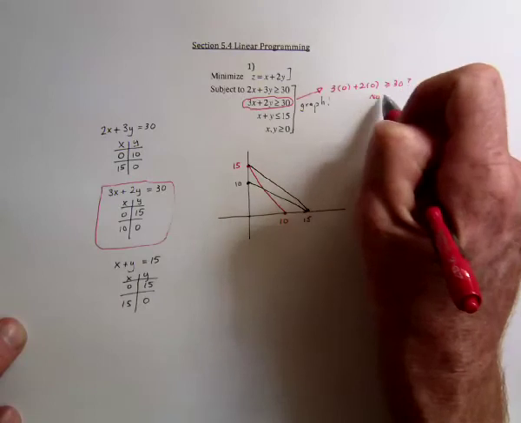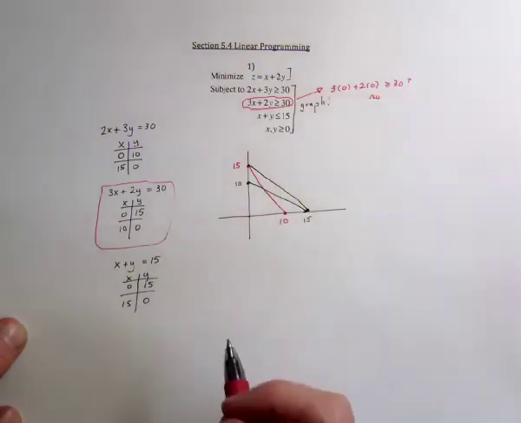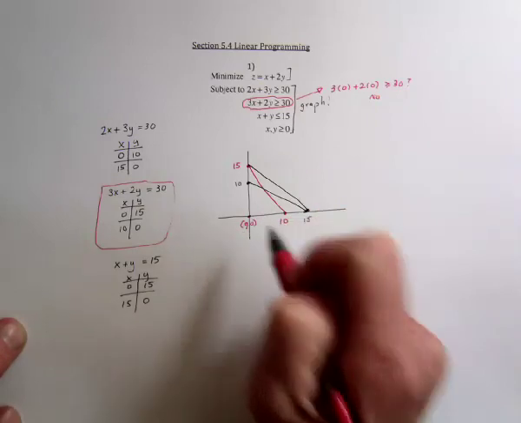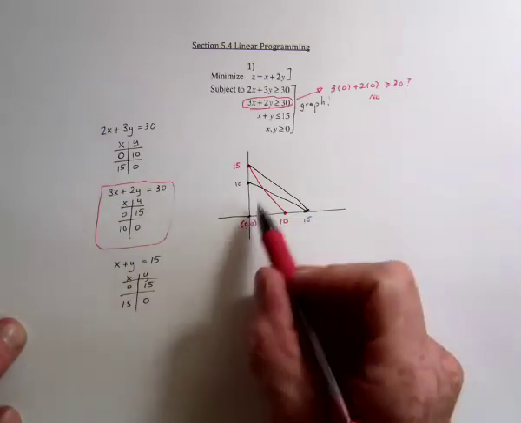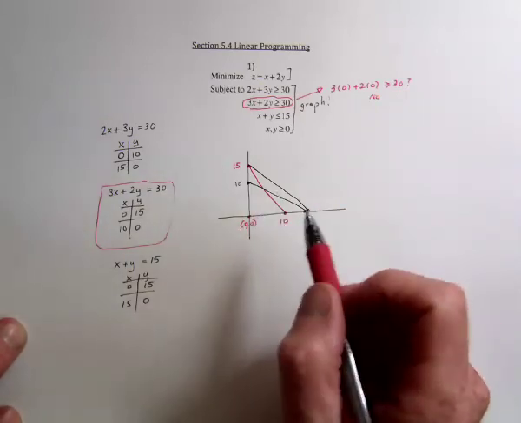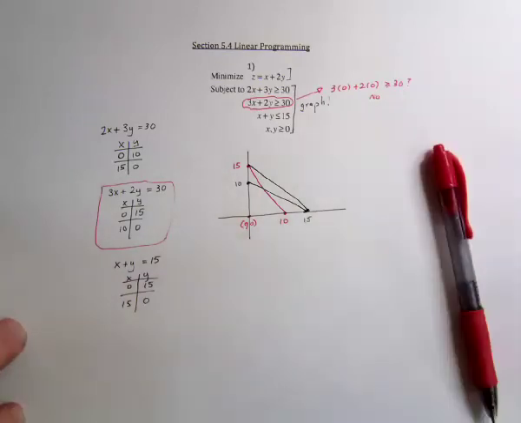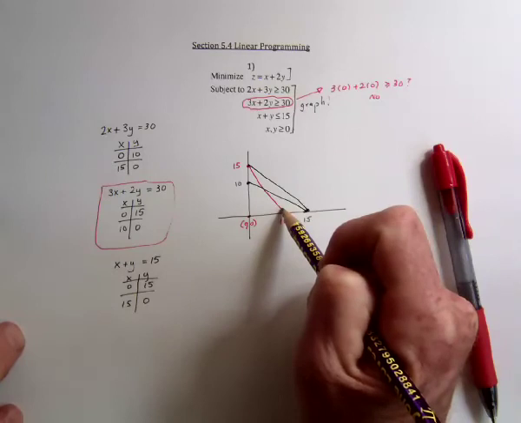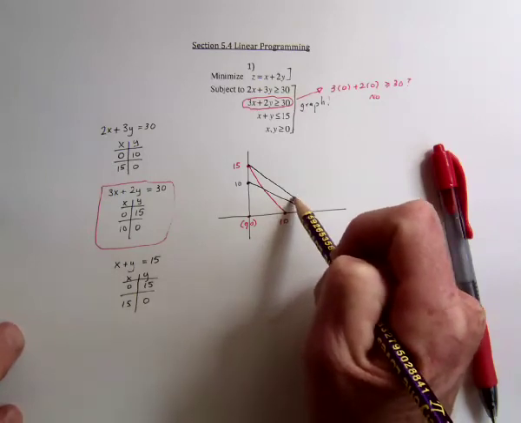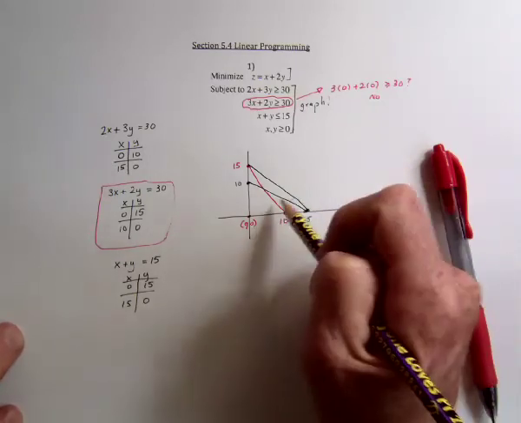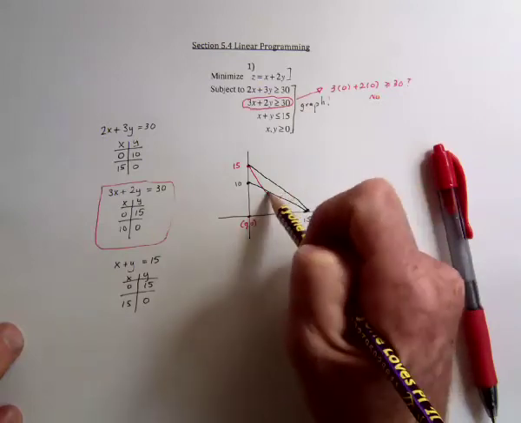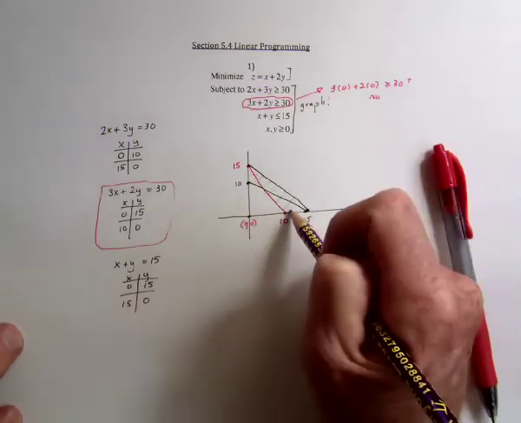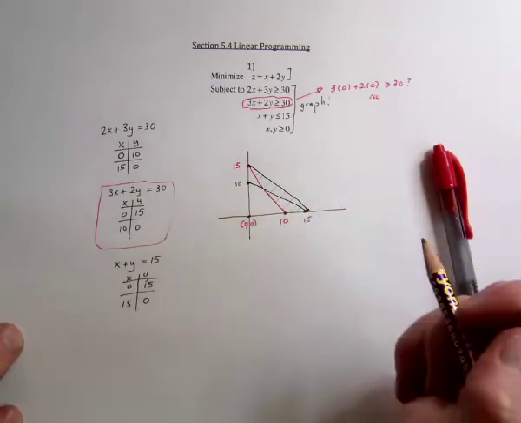And the answer is no. So it's not supposed to be on this side of the red line. Instead, it should be on the other side. That means that it's going to be above the red line, but it has to stop at this 15, 15 line. So far, the region that we're talking about is this, which I'll just shade lightly because it's not going to be the final answer.